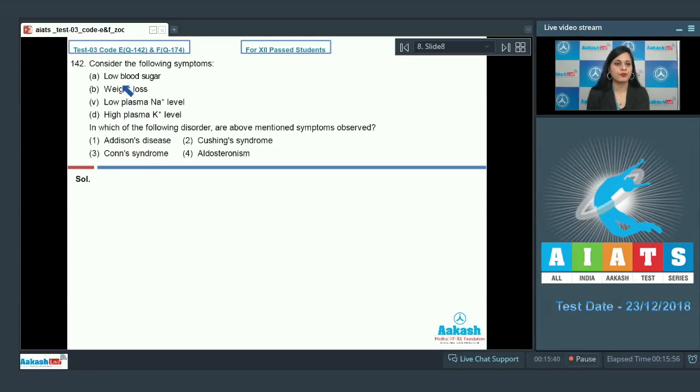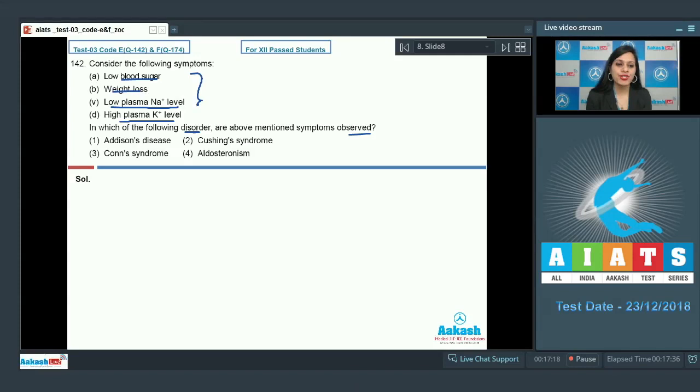Question number 142. Consider the following symptoms: low blood sugar, weight loss, low plasma sodium level and high plasma potassium level. In which of the following disorders are the above mentioned symptoms observed?